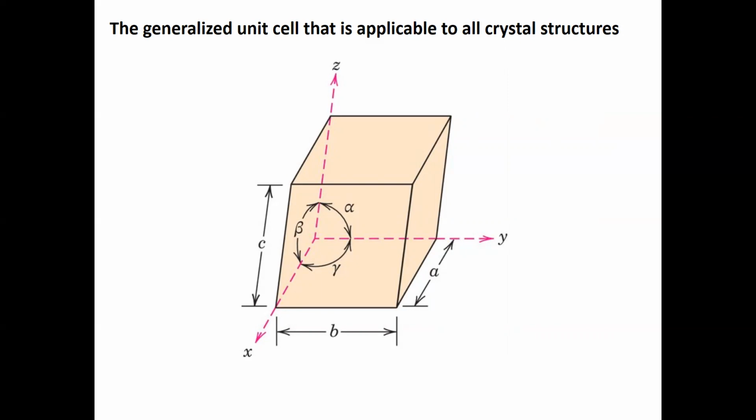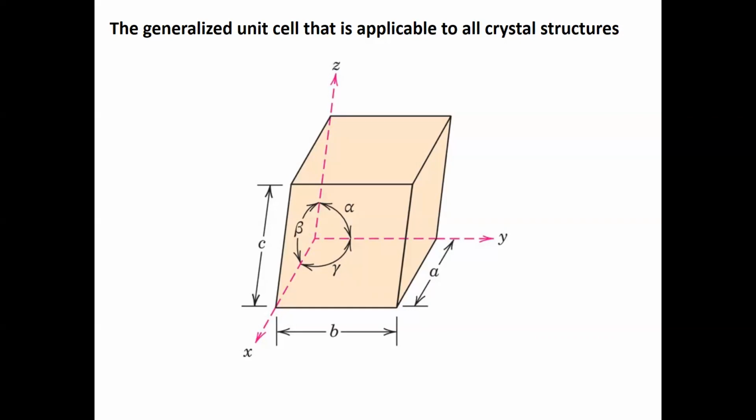It has 3 different dimensions, and it also has 3 different angles. So a generalized unit cell always has a, b, c, and alpha, beta, and gamma. And it's those coordinates and directions that we saw are generalized so that they can be consistent for all the crystal systems and crystal structures, right?